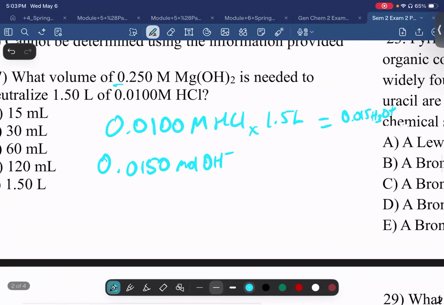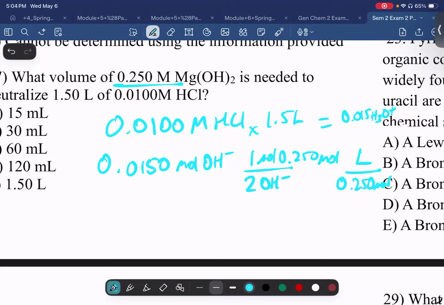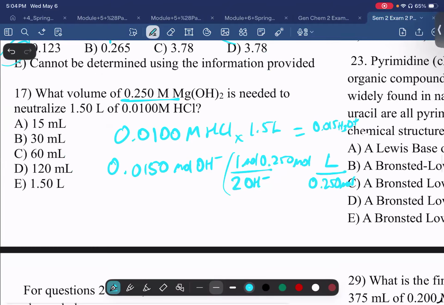And now we have to convert this. For every 1 mole of magnesium hydroxide, there are 2 moles of hydroxide. Then you can use the molarity, 0.25 mole over liter, to solve for the volume. So that's how I would solve it. I'd first find what I can find. Can I find the hydronium concentration or the hydroxide concentration first?